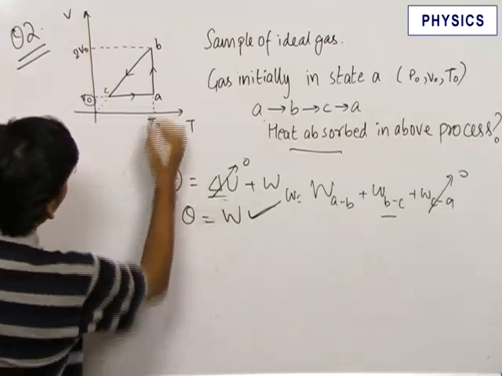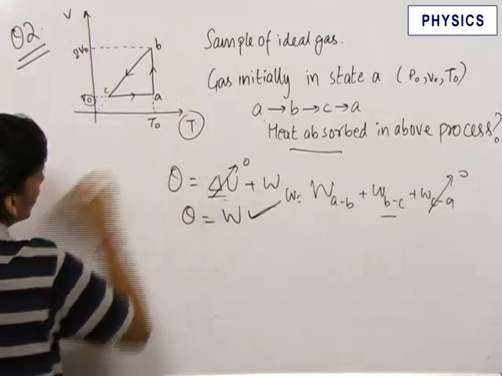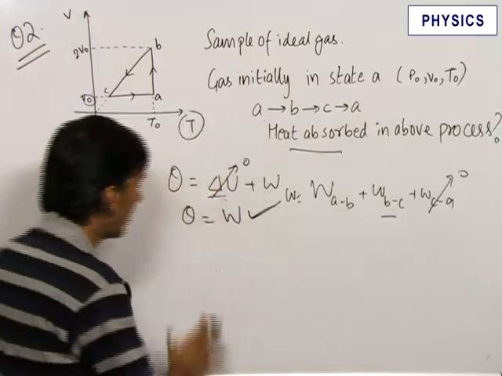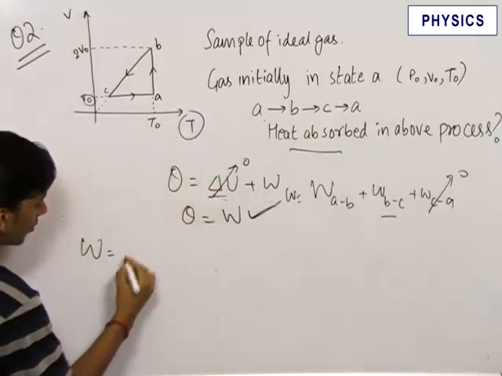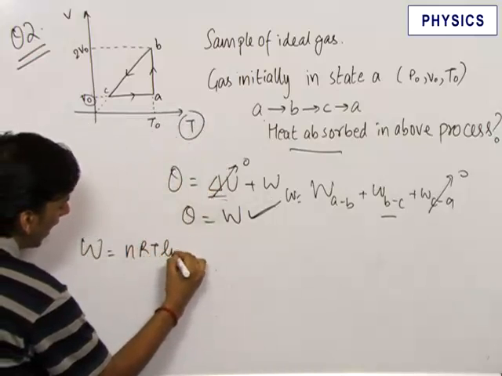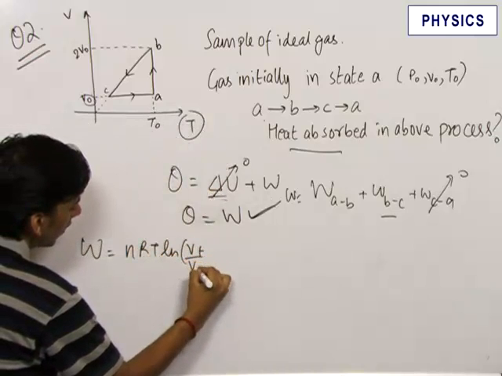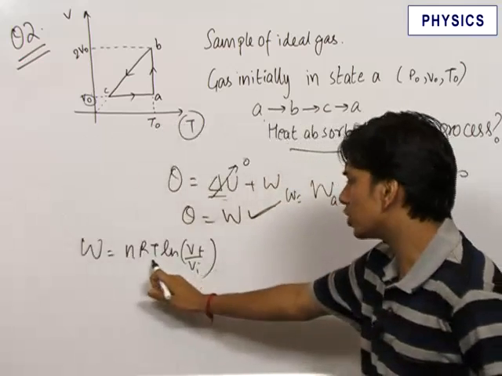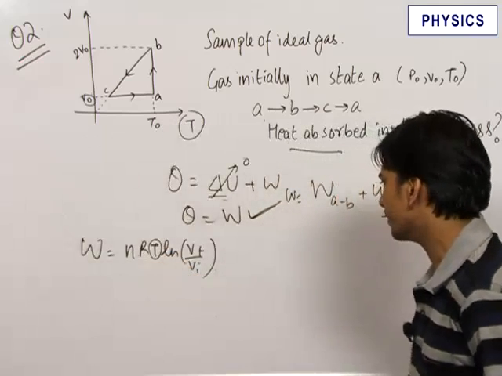Now A to B is an isothermal process. You should remember the formula for finding out the work done in all the processes. Work done by the gas in an isothermal process is equal to nRT ln V final upon V initial, in which the temperature is constant.